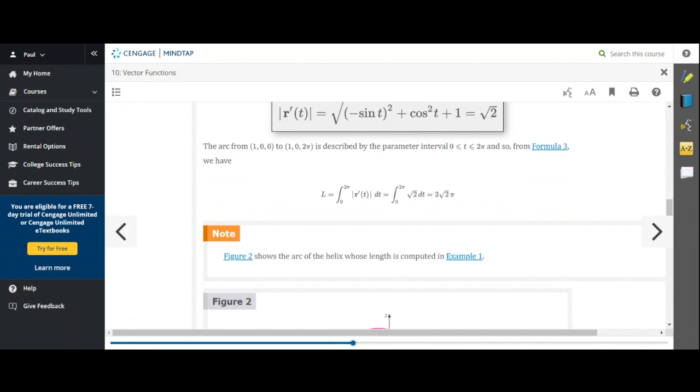What I'm trying to say is, in certain instances, like in the web assigned homework, if they say find the exact length of the curve, what they want is an exact answer in simplified radical form. They don't want a decimal approximation, and it won't take one.